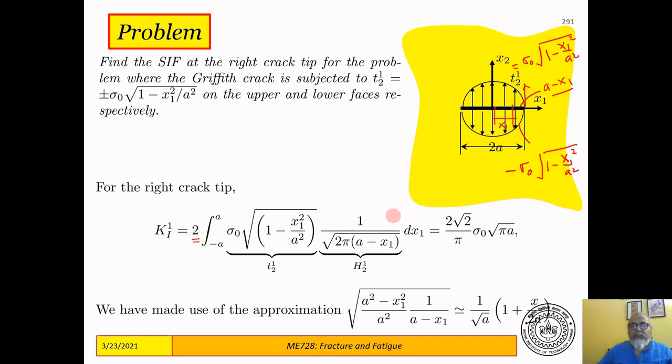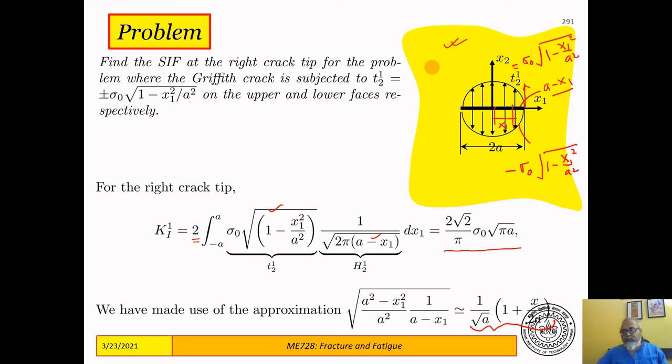When you do this, I do this approximation because we are trying to find things very close to the crack tip. Since we are trying to find things very close to the crack tip, I make this approximation that this quantity, this times this, we can do a binomial expansion and write it in this form. If you do this, then you immediately find that this is the mode 1 stress intensity factor for this particular problem.